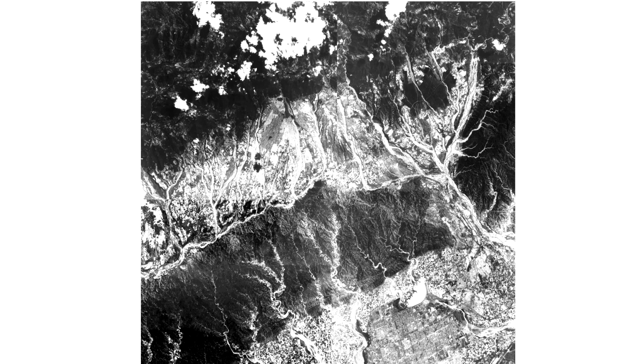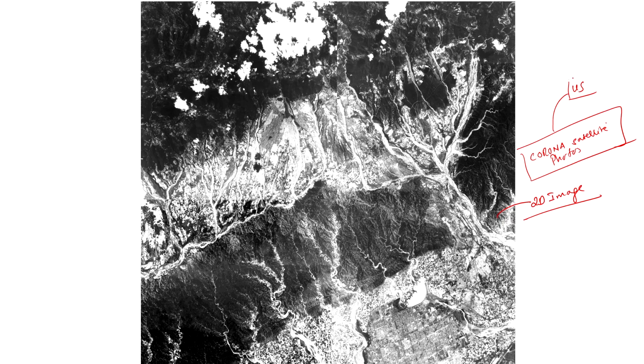But once you have the opportunity to see these images or the area in 3 dimensions... this is a 2D image, of course, but this data is Corona satellite photos, and this is data from the US.